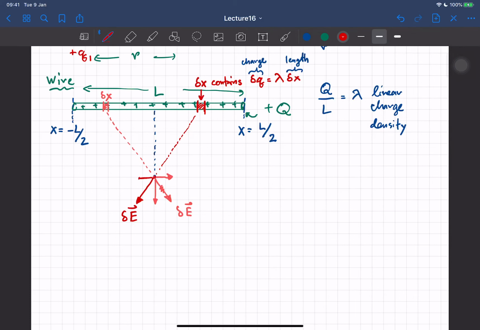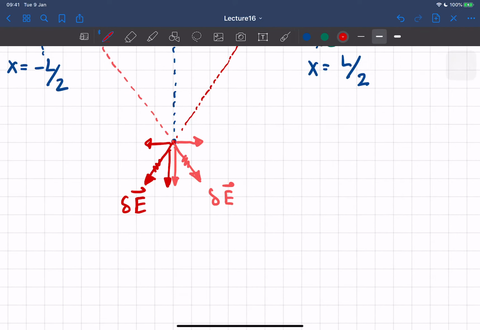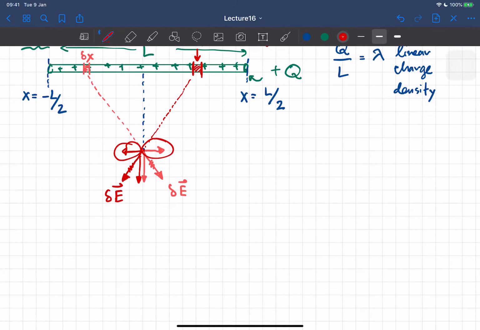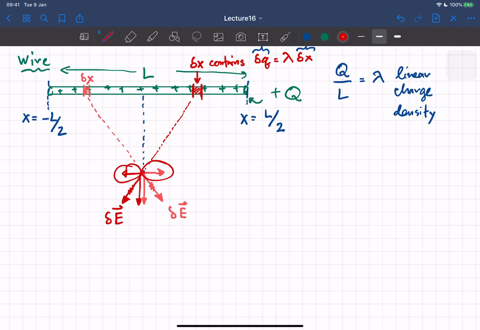Same thing for the red one. We do this and we do this. You can see that the horizontal component is always canceling each other out, because it's the same position. You have this kind of symmetry. And this is true for any point that you choose on the wire.